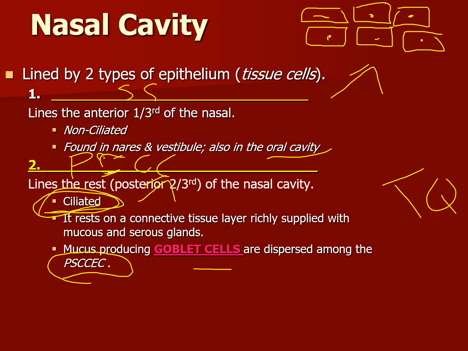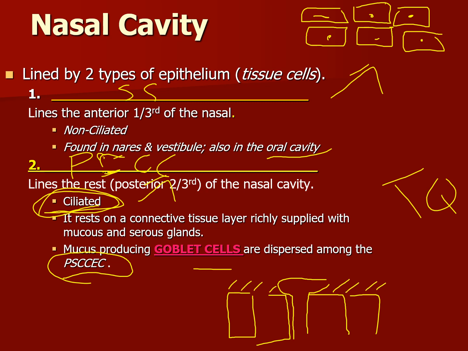So when you're looking at pseudostratified ciliated columnar, it's going to look a little bit different. You're going to have this very tall, almost columnar cell. I'm going to draw this guy. And then it's ciliated, so it has all these little hairs on it.